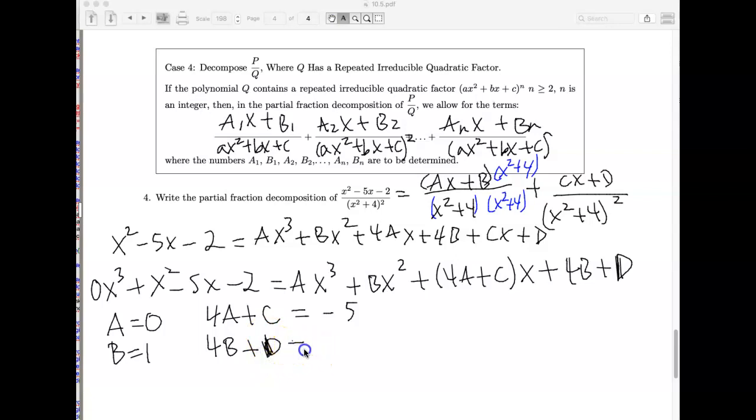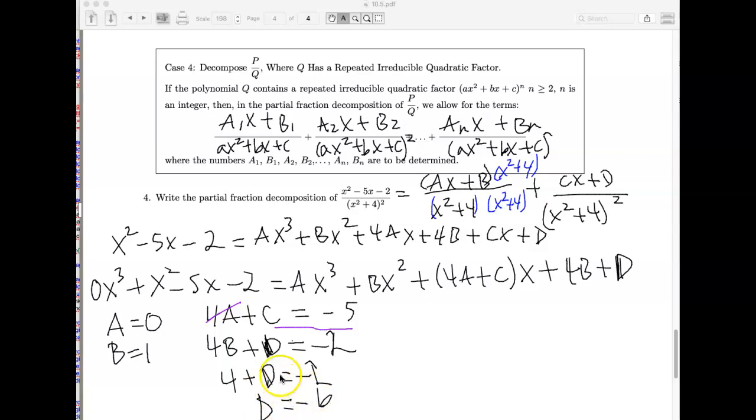Alright, so if a is 0, then that term is gone. So we get c is negative 5. If b is 1, then we'll end up with 4 plus d equals negative 2, and so that means d is equal to negative 6.